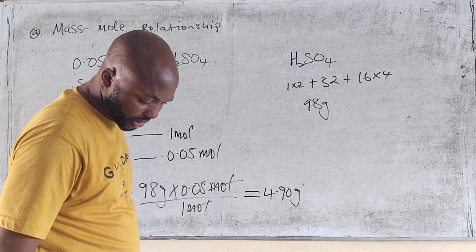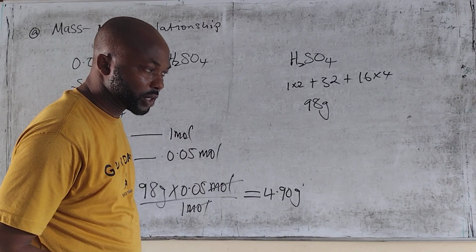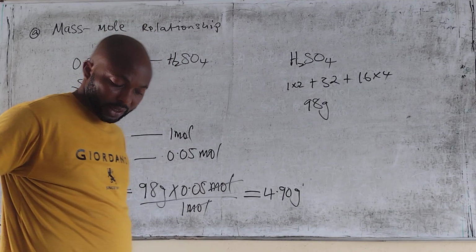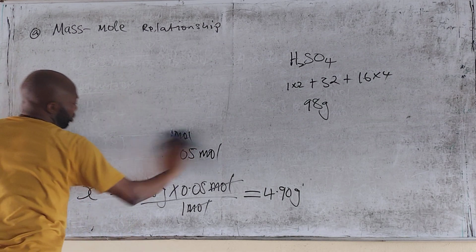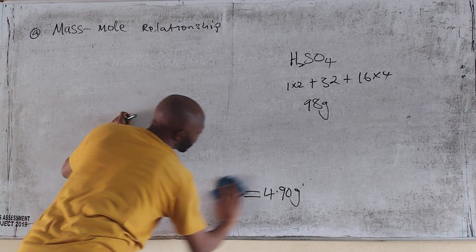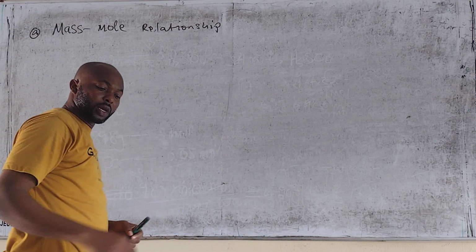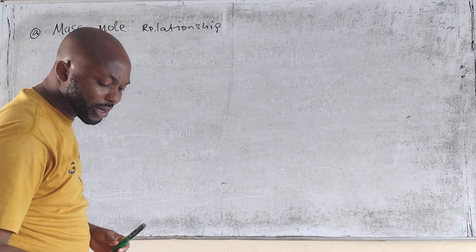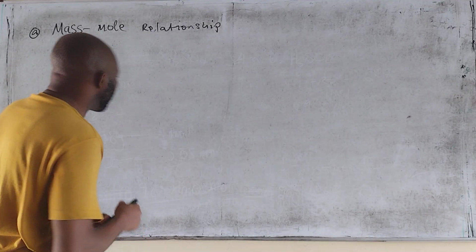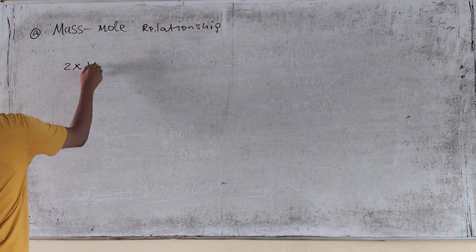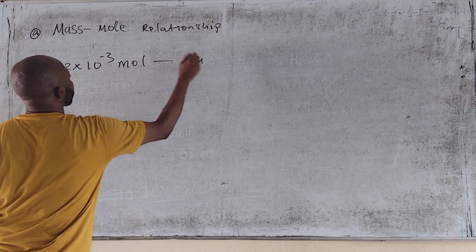Calculate in grams the mass of this mole of gold. Aurum is gold. So let's clean the board. Question number 3 on mass-mole relationship. Calculate in grams the mass of 2 times 10 raised to minus 3 mole of Au, gold.